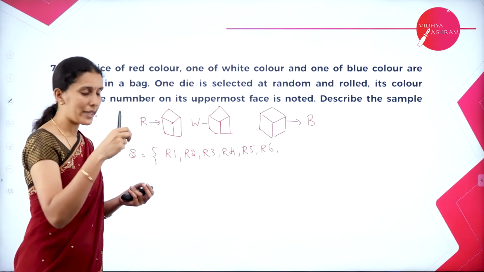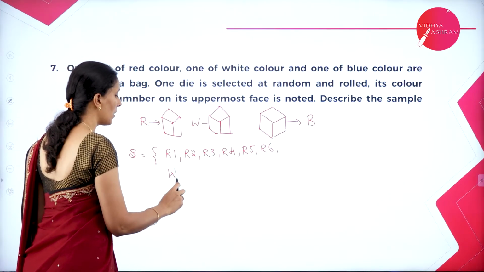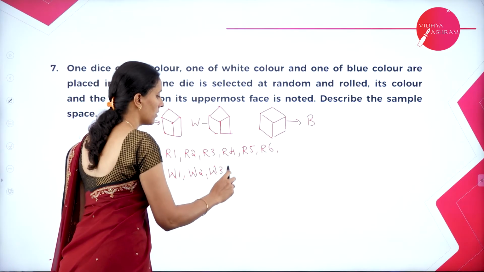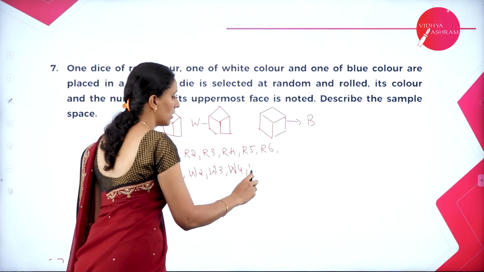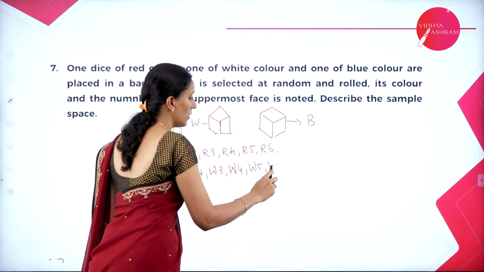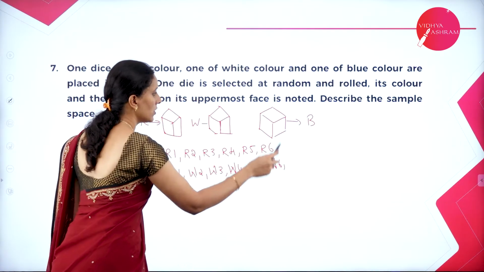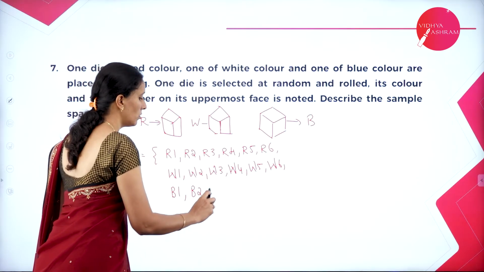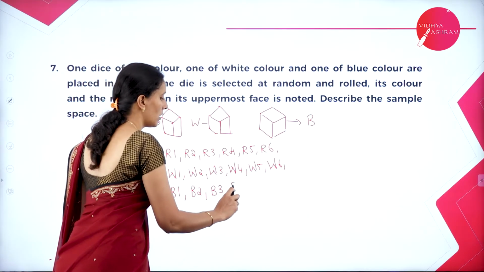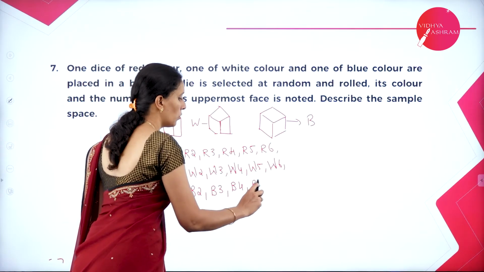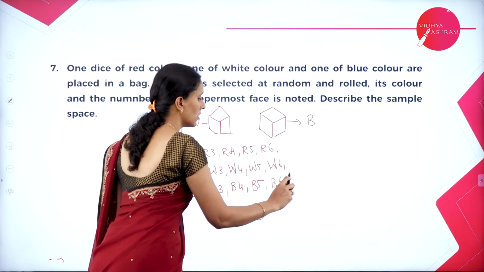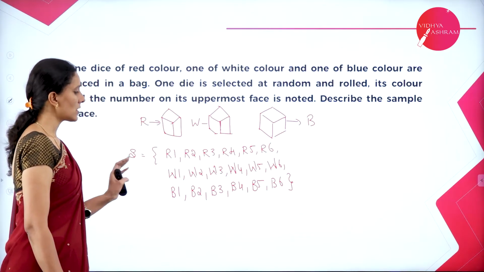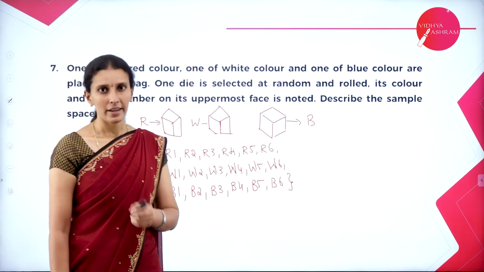Similarly, when you take the white die, it is W1, W2, W3, W4, W5, W6. If you take the blue one, it may show blue 1, blue 2, blue 3, blue 4, blue 5, blue 6. So these are the sample points inside the set. So this is the sample space of the given experiment.